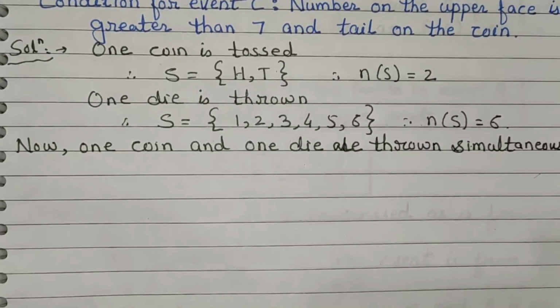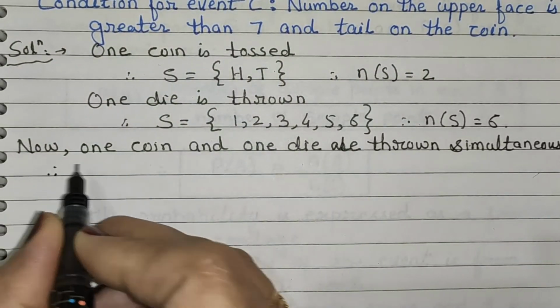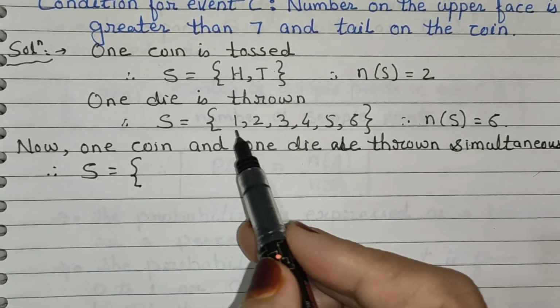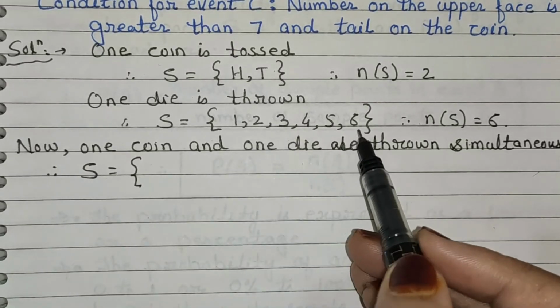Therefore, sample space S is equal to now H with all numbers and T with all numbers.